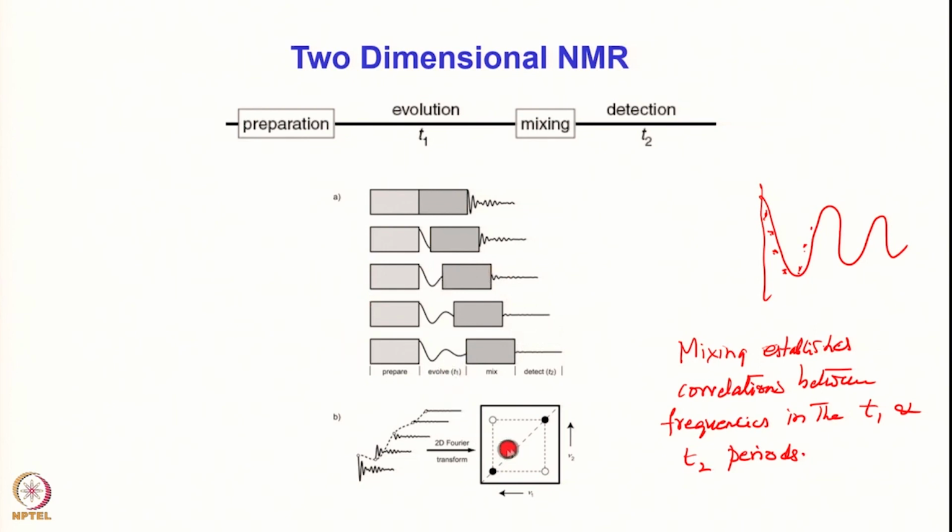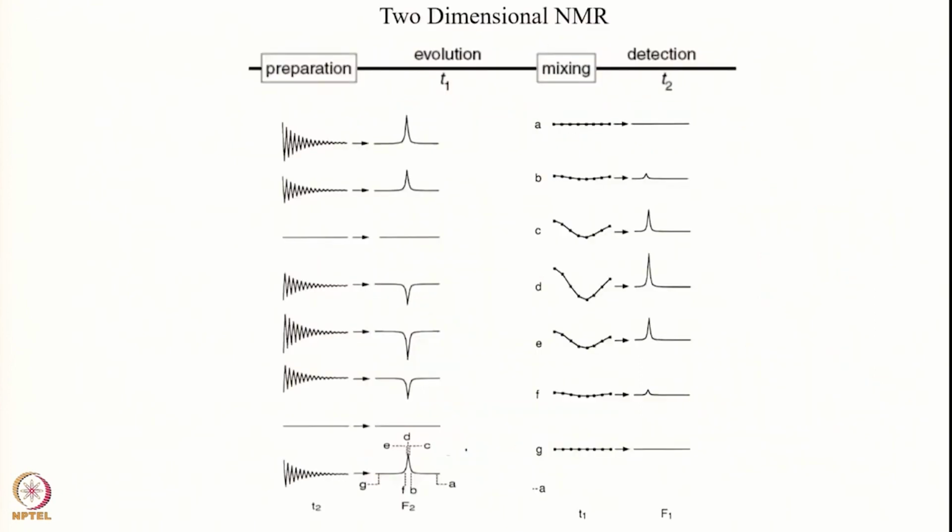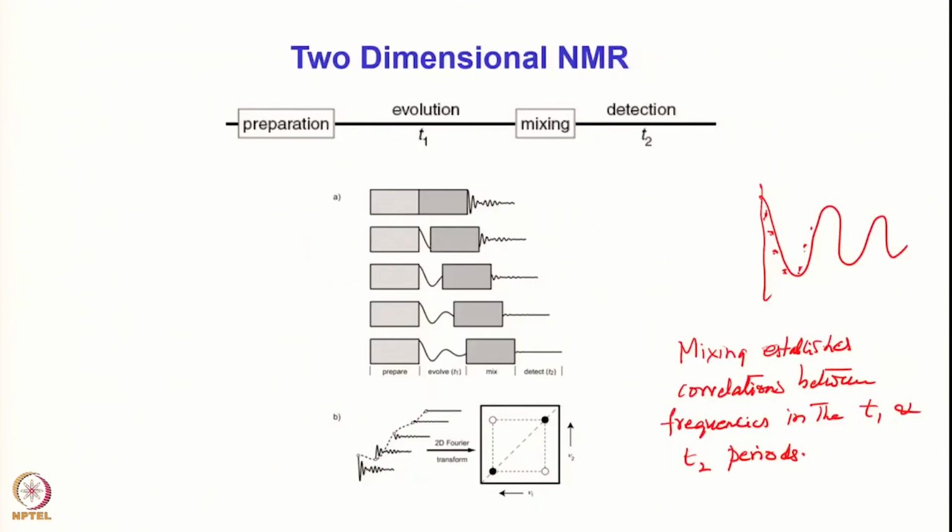Now therefore what we have got here is time domain data which has 2 dimensions. That is what is indicated here, okay. So now let me go back here. You have time domain data which has 2 dimensions, that is T1 and T2. Therefore if I do a 2-dimensional Fourier transformation, I generate 2 frequency axes which we call nu1 and nu2.